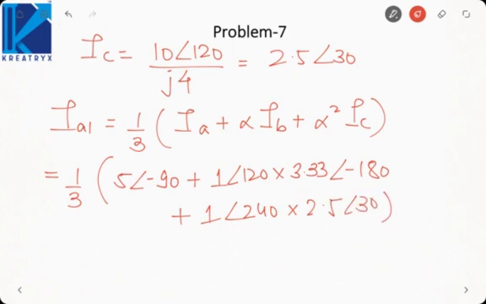So how much will this come out to be? It will be 3.51 angle minus 81 degrees. So these sorts of questions can come in the GATE examination based on symmetrical components. And here the effort is very little. You just have to remember the matrices for the transformation.